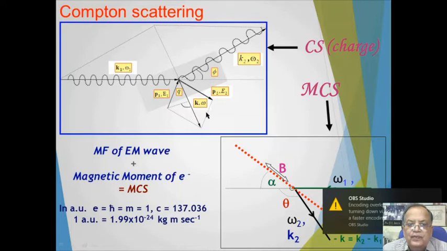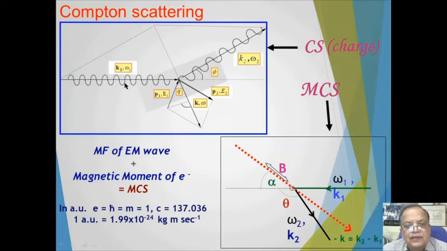Now, coming back to this figure, the photon which comes like this goes out with momentum h cross k2 and energy h cross omega 2. H cross is 1, so this is k2 and omega 2. The electron which is recoiled has momentum p2 and energy e2.